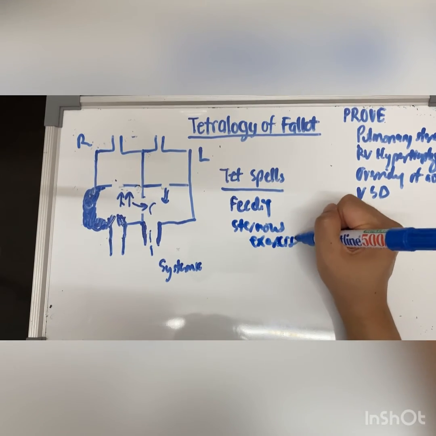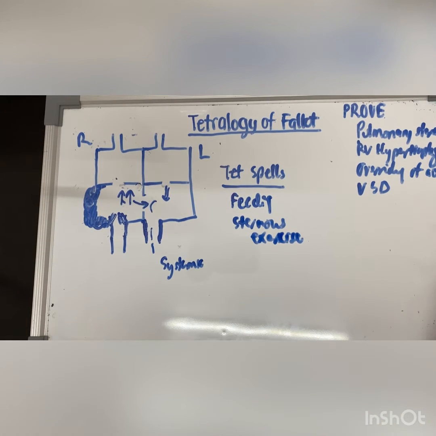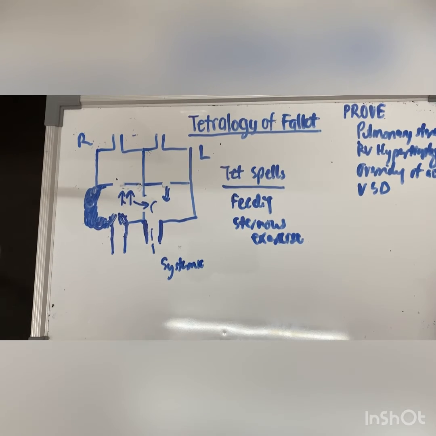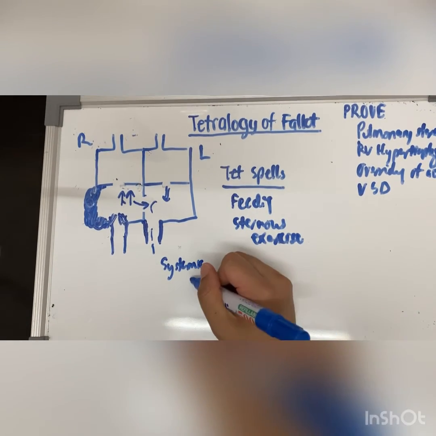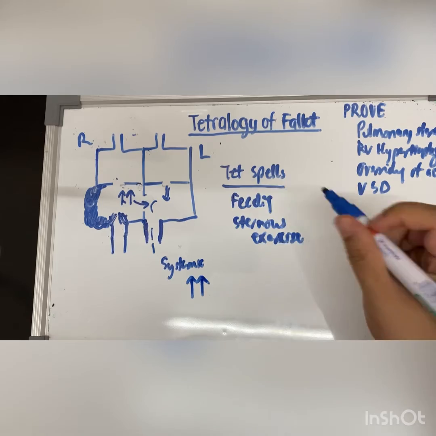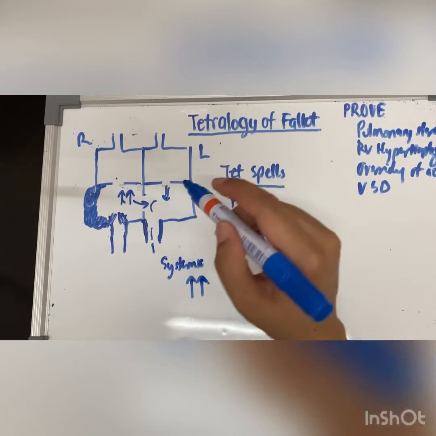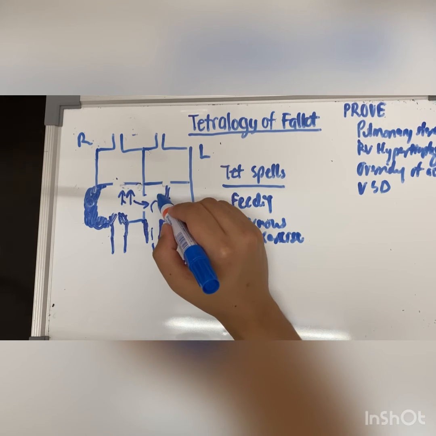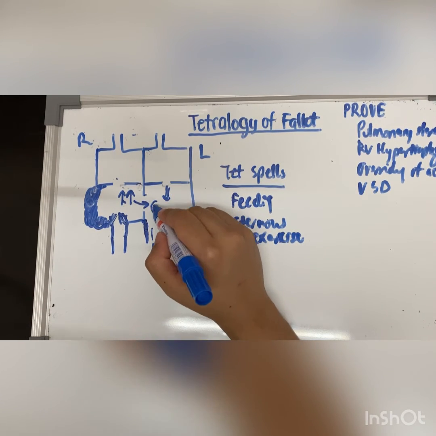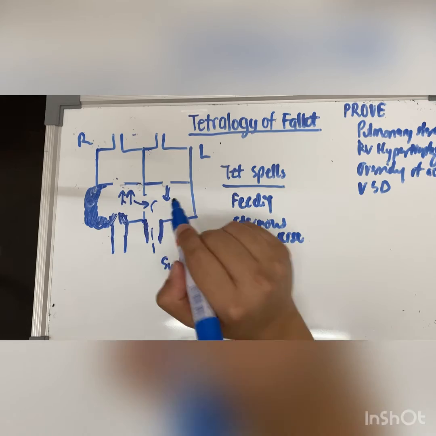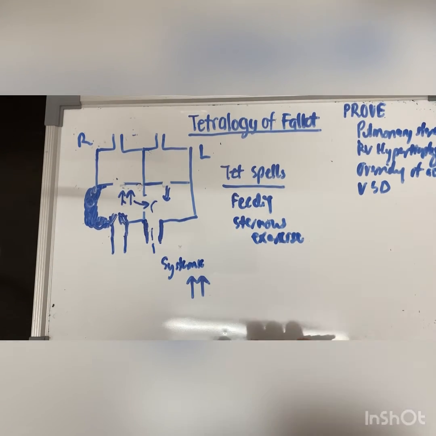So how do they reverse this cyanosis by themselves? By squatting down. What happens when they squat down is that it causes a kinking of the femoral artery, which increases the pressure in the systemic circulation that will eventually overcome the high pressure in the right ventricle and will reverse the shunt, the right to left shunt, and that is how the cyanosis is reversed.